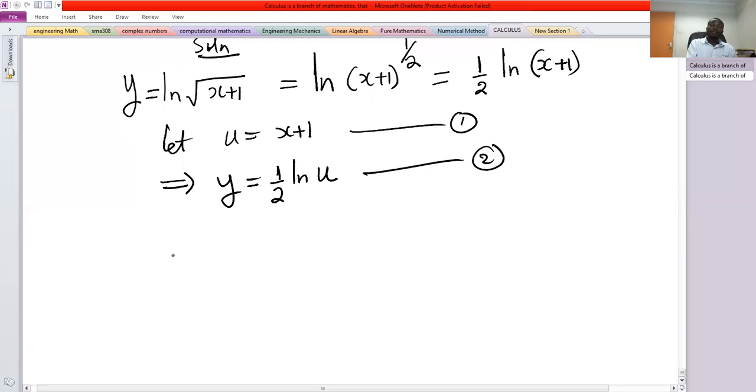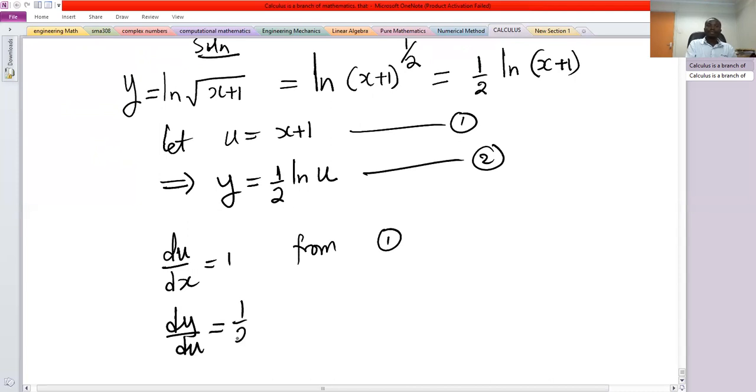Now, du dx will be 1, this from 1, and dy du will be a half. Now, when you differentiate ln of u, you get 1 over u. These are 1 over 2u, this from 2.